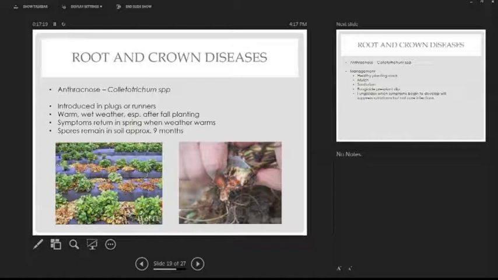As long as the temperatures are moderate and there's rain, you'll see a continuation of that disease symptom development. And the spores, or those structures, can remain in soil and debris for about 9 months. So if you're on a plastic culture system, rotation is much easier, and it's really critical.